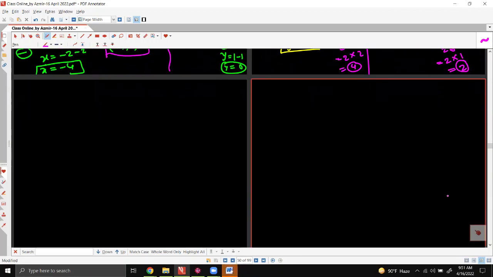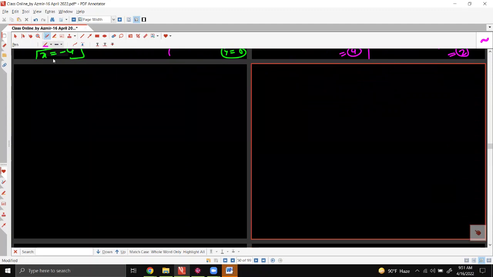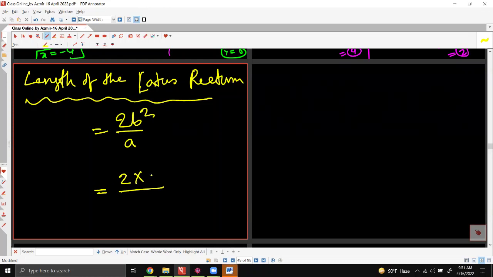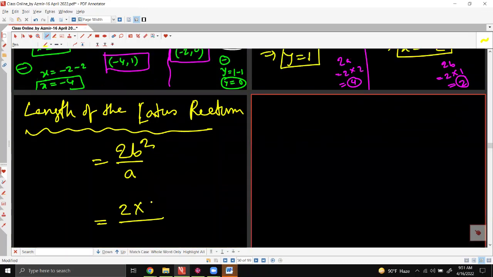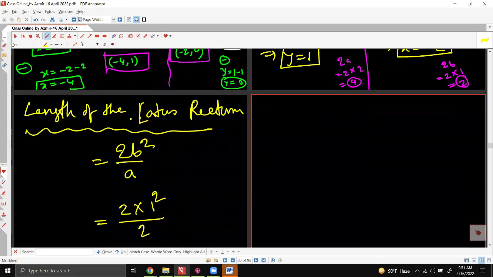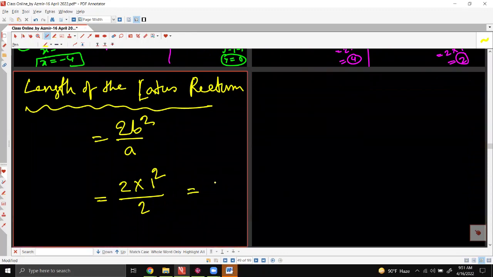Now the length of the latus rectum. So the length of the latus rectum is 2b squared over a. So 2 times b squared, we know b is 1, and a is 2. So we are getting 2 over 2. That is, the length of the latus rectum is 1.